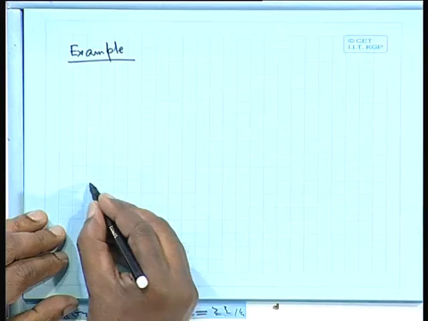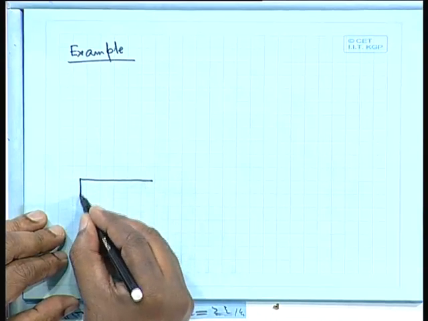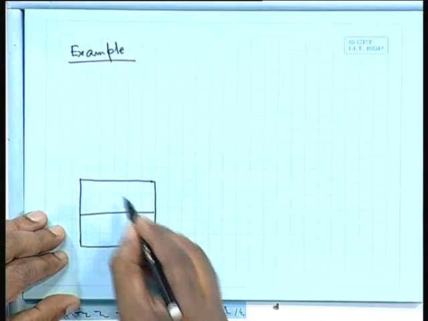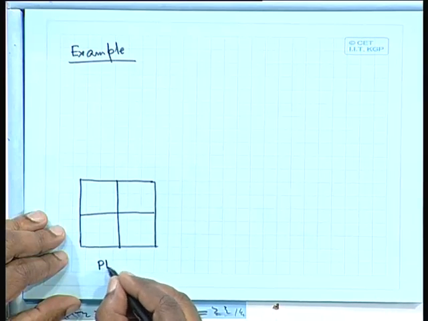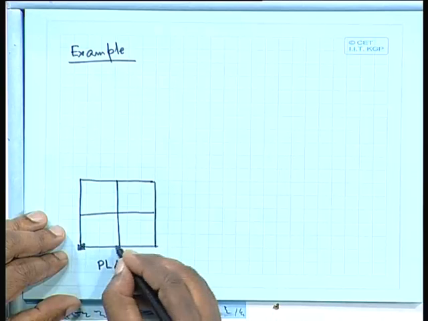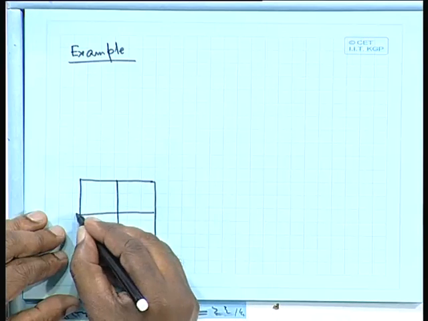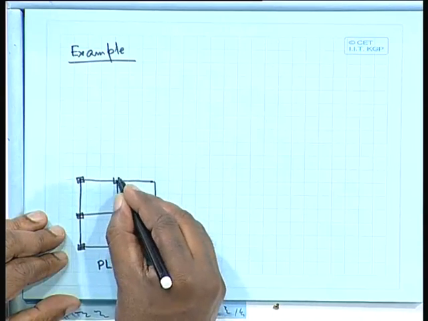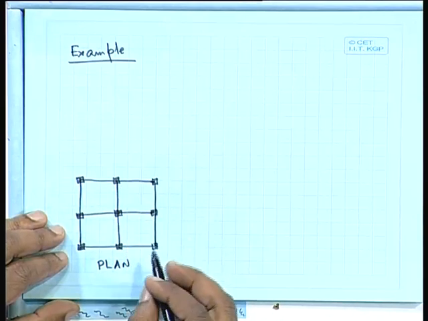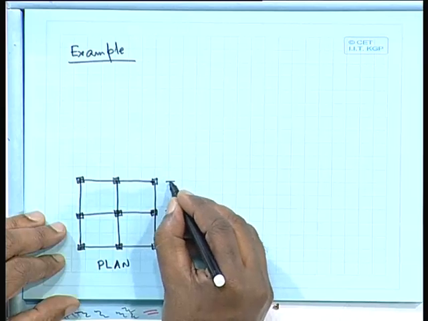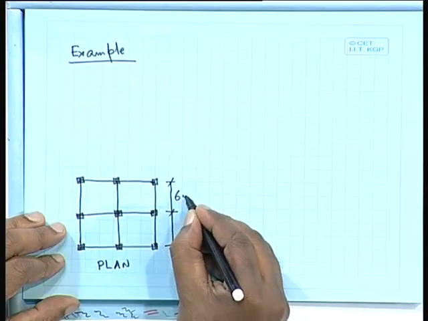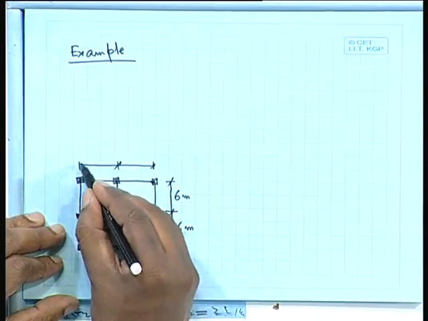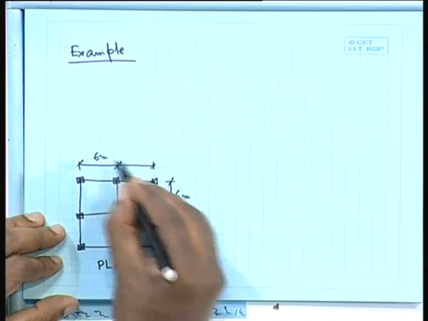Let us take first the plan of a building, just a simple plan, and let us take the dimensions as 6 meter, 6 meter this side, and this is also 6 meter, 6 meter.